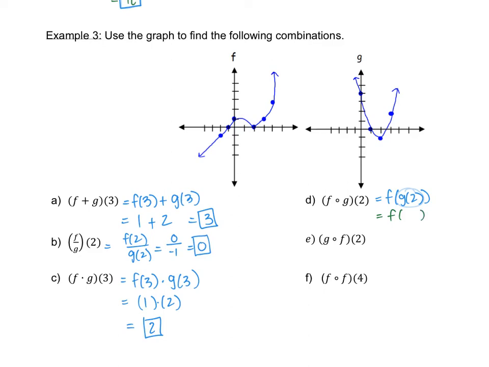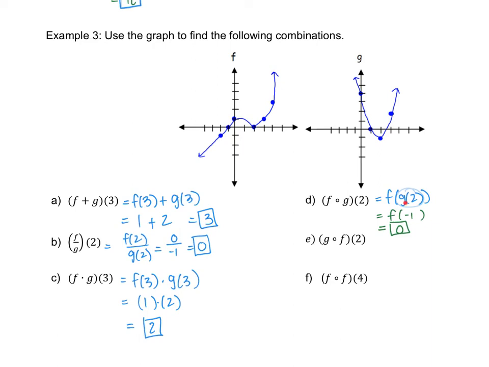So now I'm going to find what f of negative 1 is. If I go to f and go to negative 1, it's right here, and notice that the y value there is 0. So that would be my final answer.